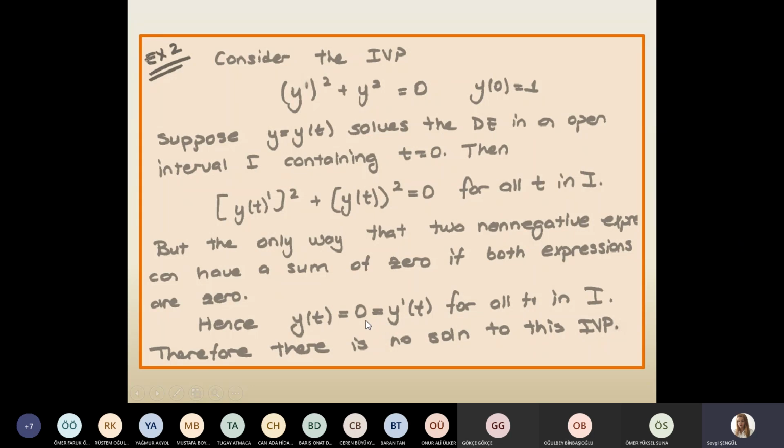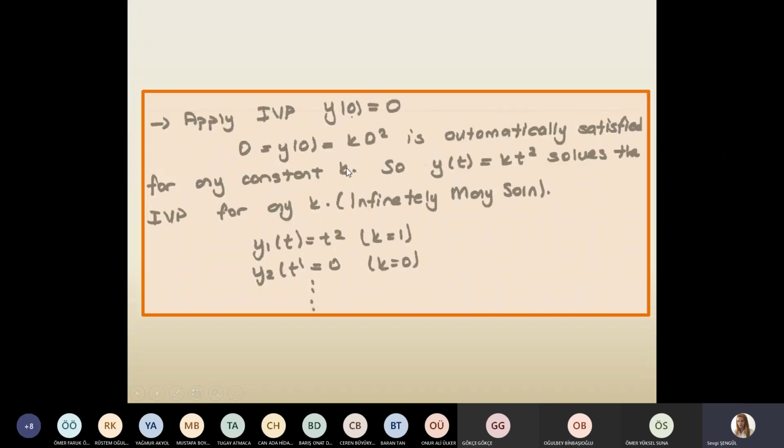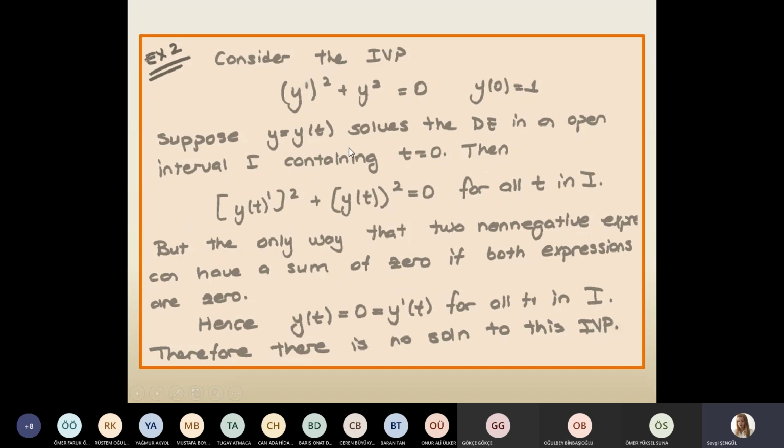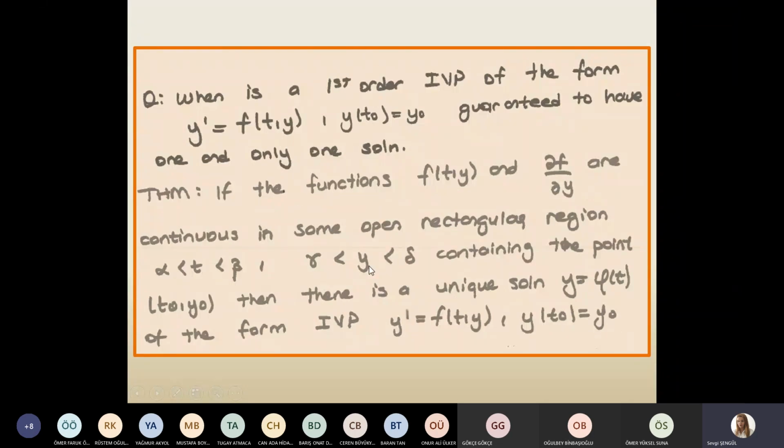So, two non-negative expressions can have a sum of 0 only if both expressions are 0. That's why we are saying that. So there is no solution for this nonlinear differential equation. I'm just showing these to you for the motivation. As I told you, you can have infinitely many solutions like the previous example, or you can have no solution for that one. But what you want is a unique solution. And according to these theorems, we can guarantee a unique solution.